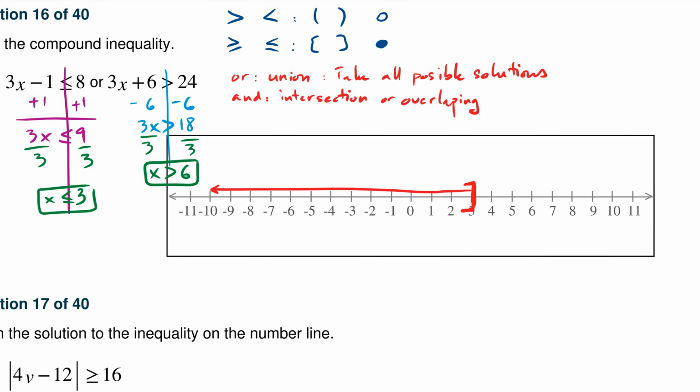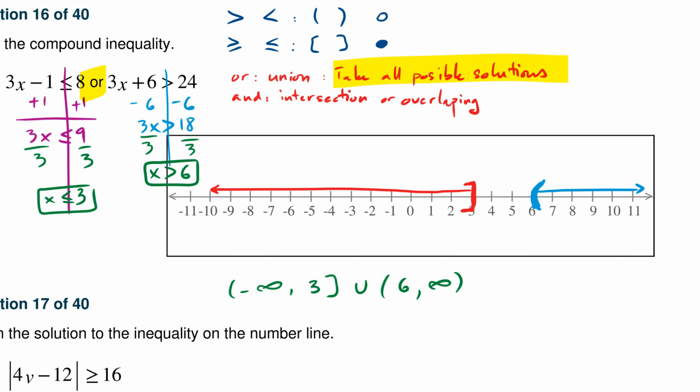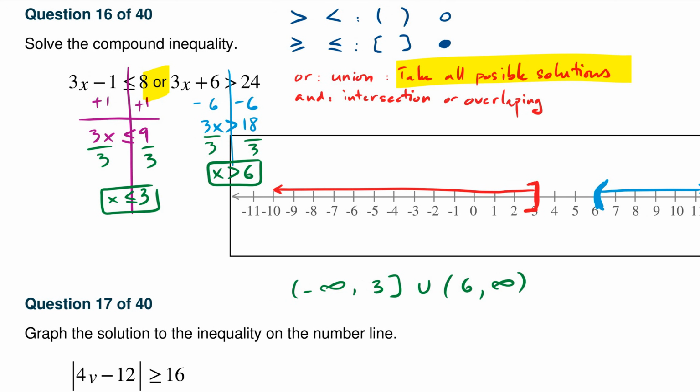Since there's no equal sign, we're going to use a parenthesis or an open circle, and we go to the right. Okay, and we're dealing with the OR problem, which means that we're going to take all possible solutions. So our solution is going to be from negative infinity to 3, bracket, union from 6 to positive infinity. And that is the final answer for problem 16.